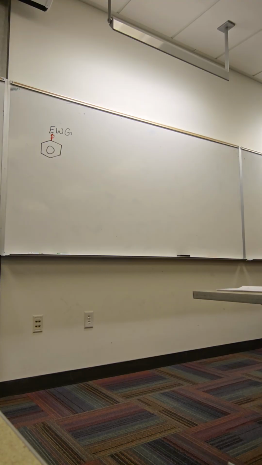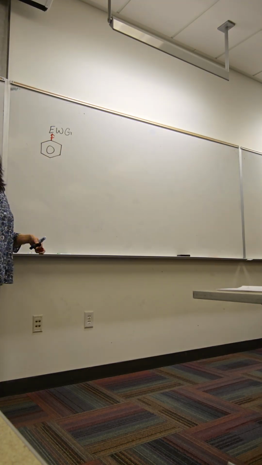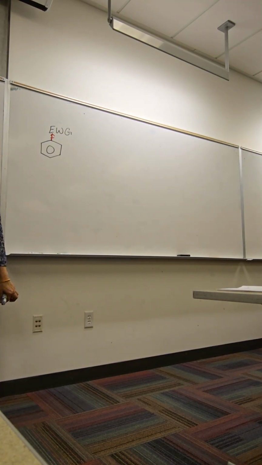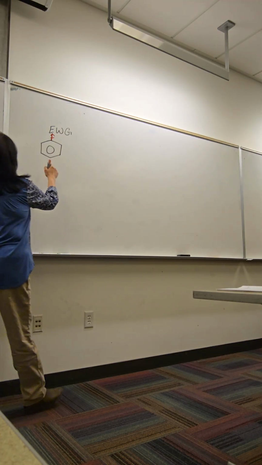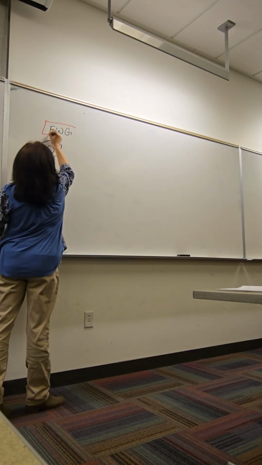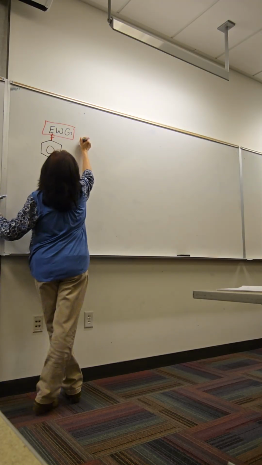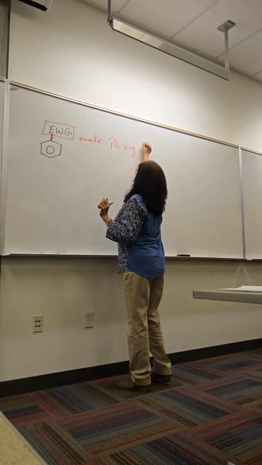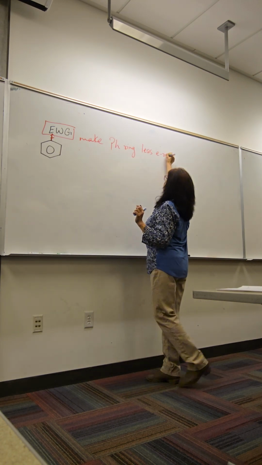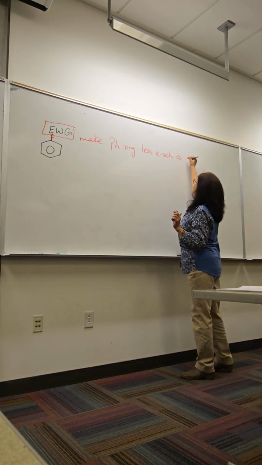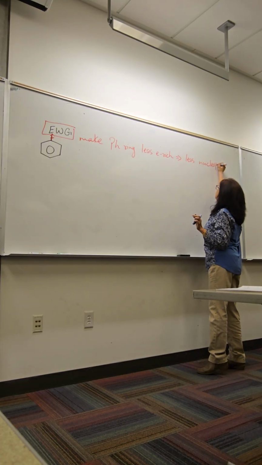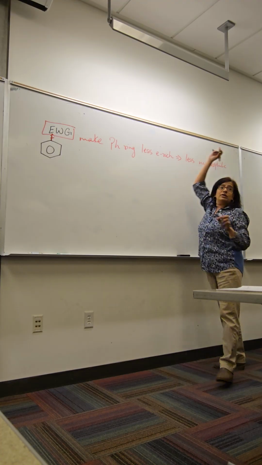Less electron rich. Everybody agrees? So what will that do to the nucleophilicity of the benzene? It'll decrease it. Exactly. So electron withdrawing groups make the benzene ring less electron rich, which basically means less nucleophilic than benzene itself. Isn't that right? Everybody okay?